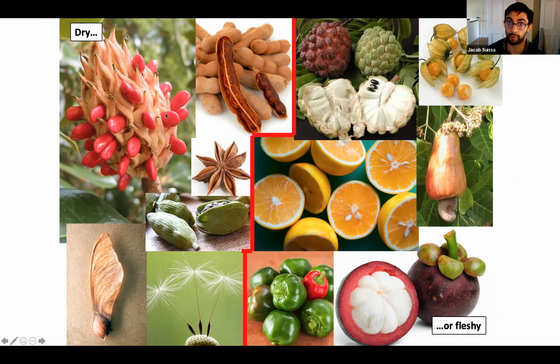I don't know the proportion in terms of diversity, but there are quite a number of dry fruits. Many legumes are dry fruits. Magnoliids have dry fruits, so the magnolias and such. Almost all sunflowers, or Asteraceae, have dry fruit. Maples, many things have dry fruits.